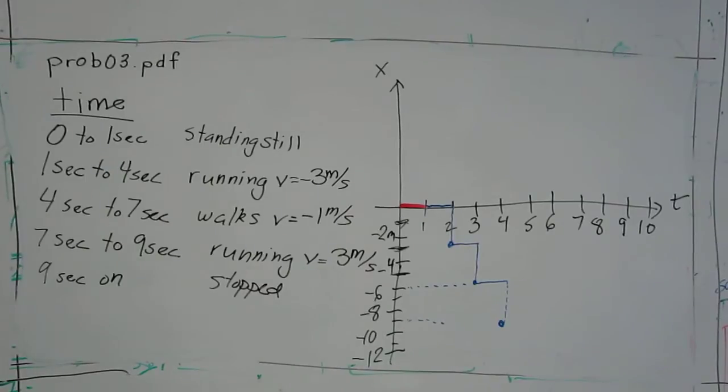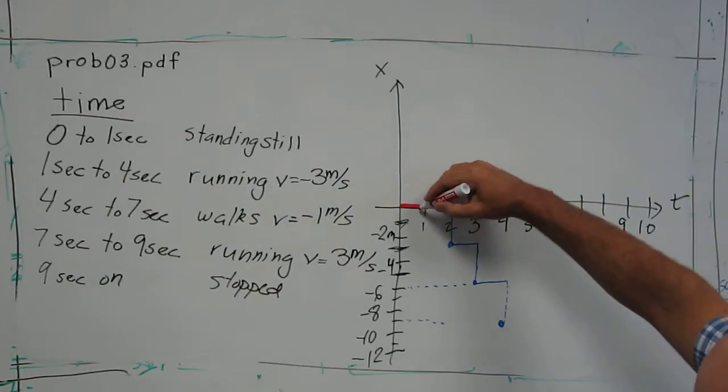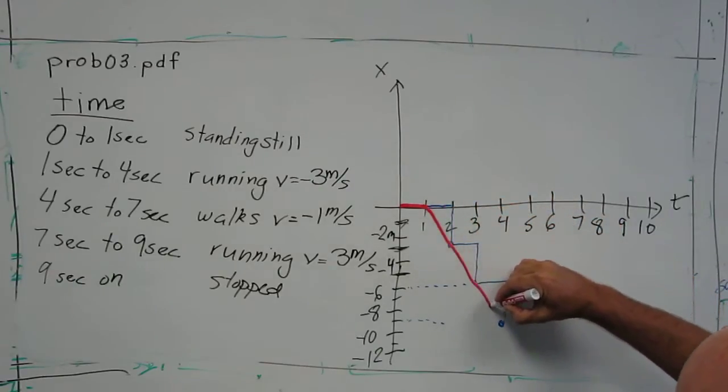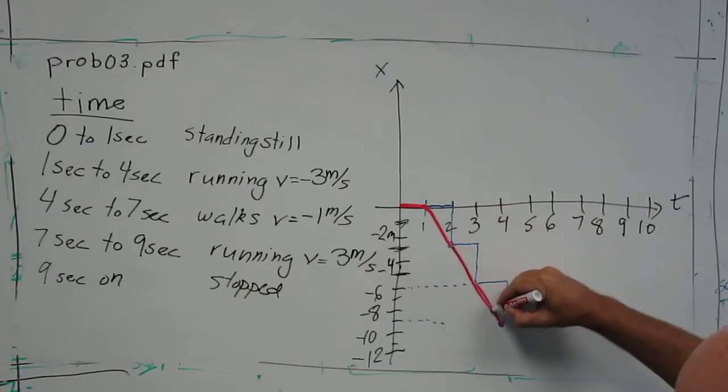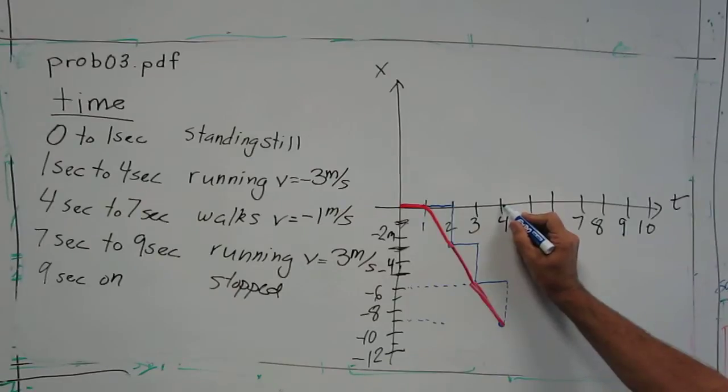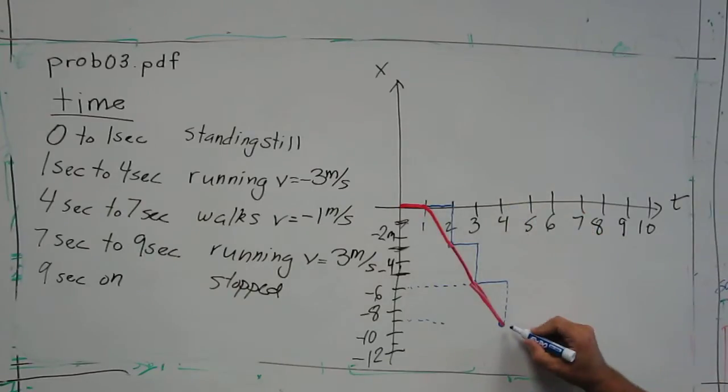And now I can go ahead and draw my little line here because we're going at roughly a constant velocity in this problem. Sorry, my lines aren't very good. Okay. Now, from 4 to 7 seconds, we walk in the negative x direction at 1 meter per second. So in 1 second, we go 1 meter backwards.